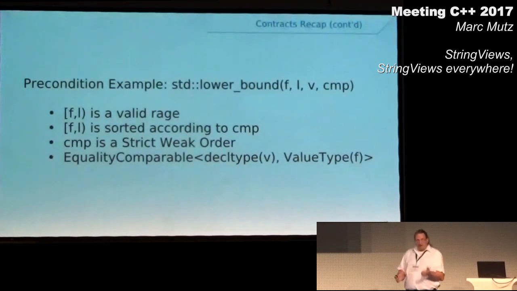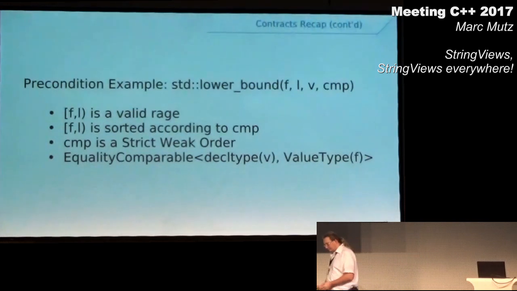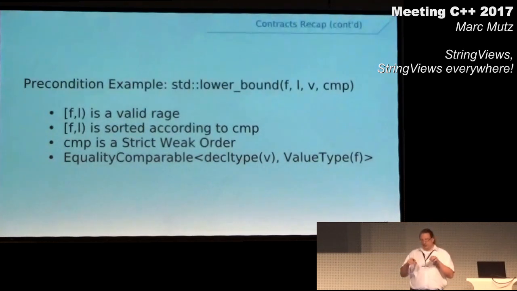So, a valid range you cannot check in C++. There is no way you can write C++ code that checks that L is reachable from F, and that actually terminates. And you can also not check in C++ whether the elements that are pointed to are actually initialized.